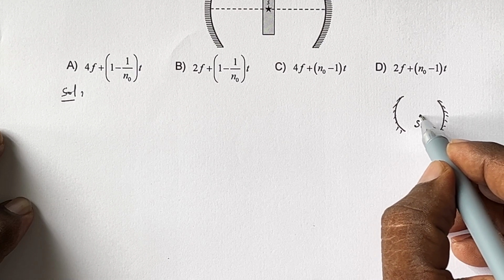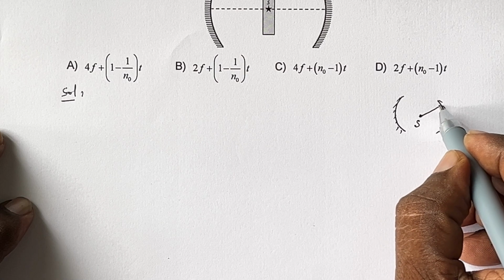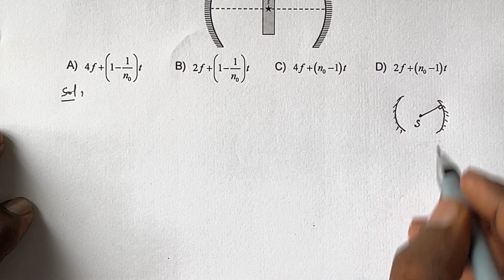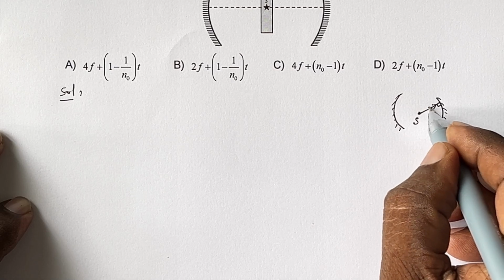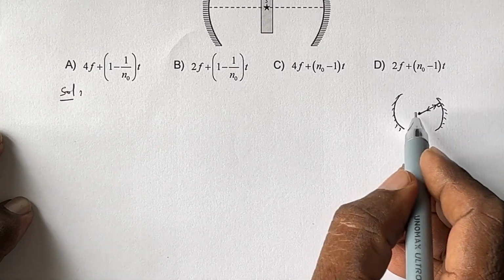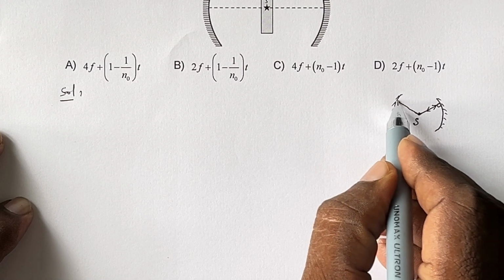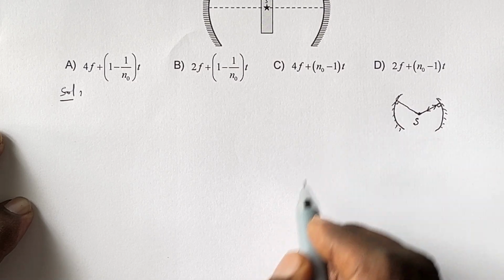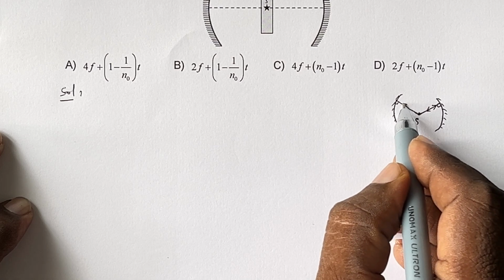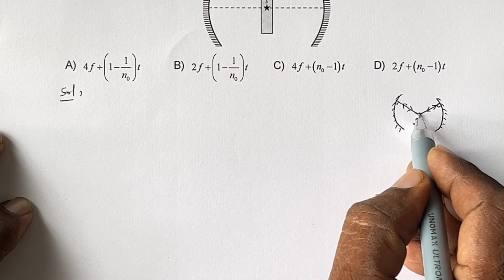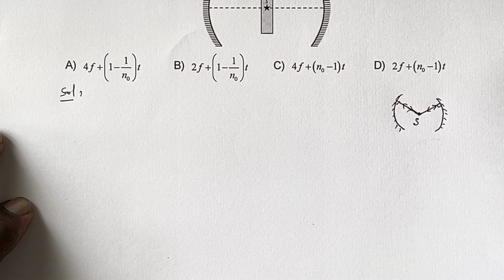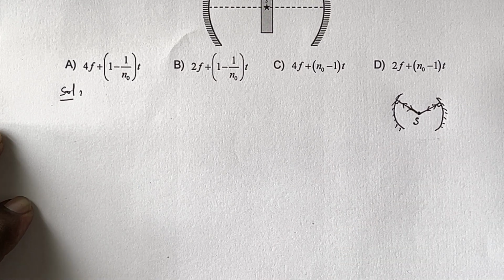When the source of light falls normally onto the mirror, it retraces its path. Same here also, when it falls on the mirror perpendicularly, it retraces its path back to the source. So this is one option we are having.